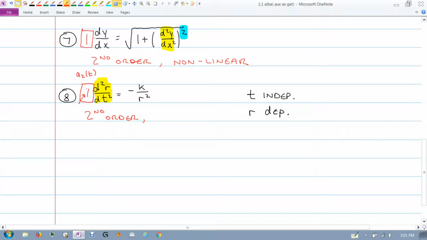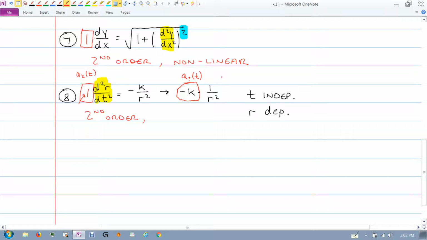And on the other side, we got all sorts of trouble. Let's look at this as being negative k times 1 over r squared. That's one way we could look at it. So this out here in front is like a constant, which you could look at as some function, a sub something of t. You could look at that constant as some function of t.